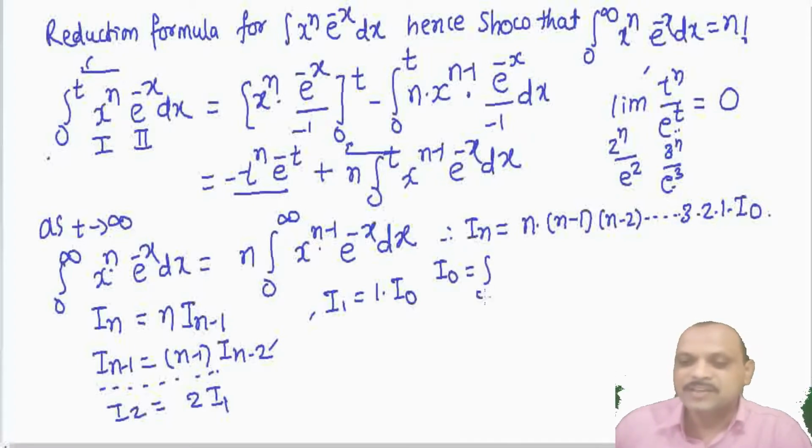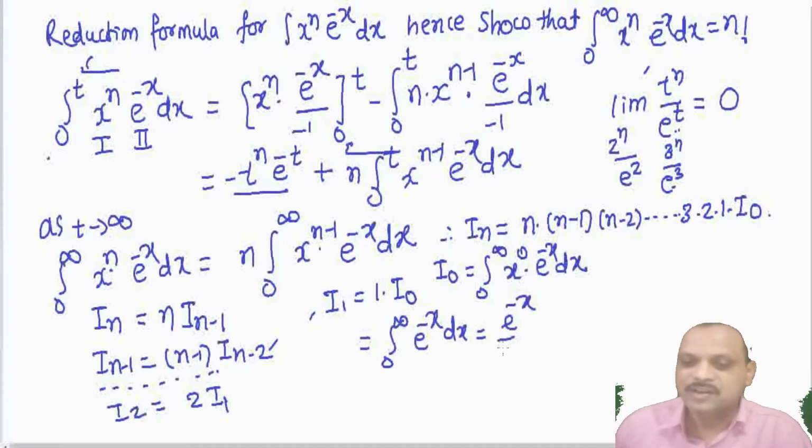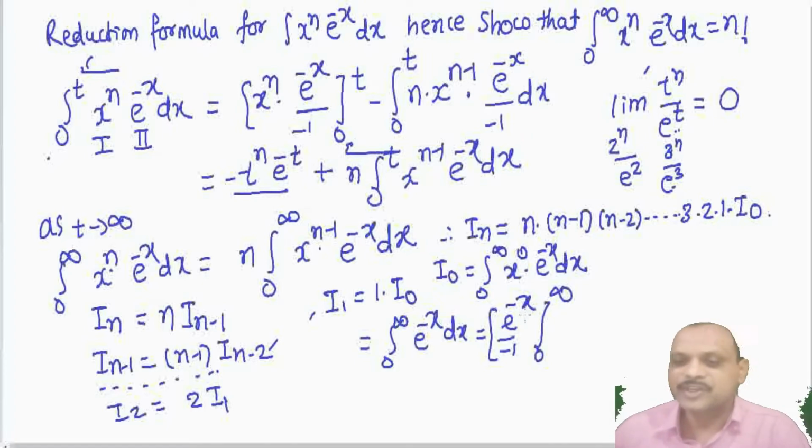Now let us find I0. I0 equal to integration 0 to infinity x raised to 0 into e raised to minus x into dx. X raised to 0 is 1. So integration 0 to infinity e raised to minus x into dx equal to e raised to minus x divided by minus 1 between the limit 0 to infinity.